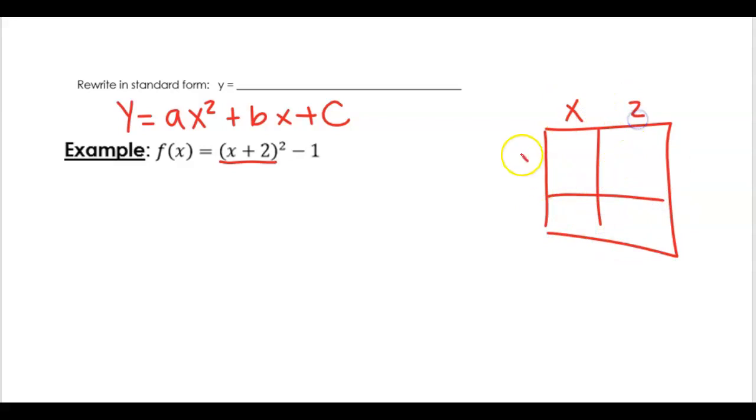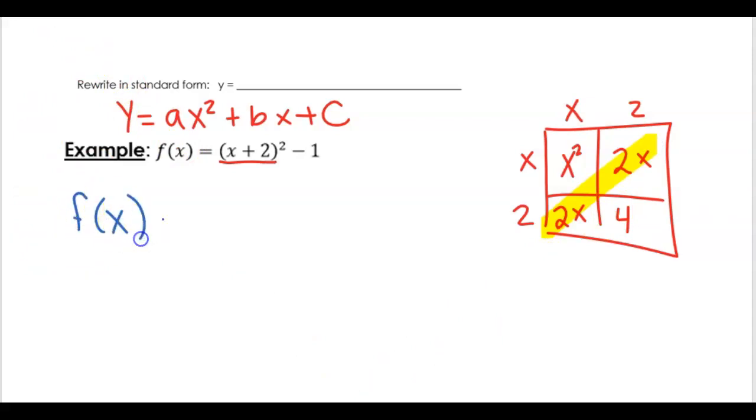And so I prefer to multiply it out with a box problem. You can multiply it out other ways. And then you combine like terms. And so this would be f of x equals x squared plus 2x plus 4.